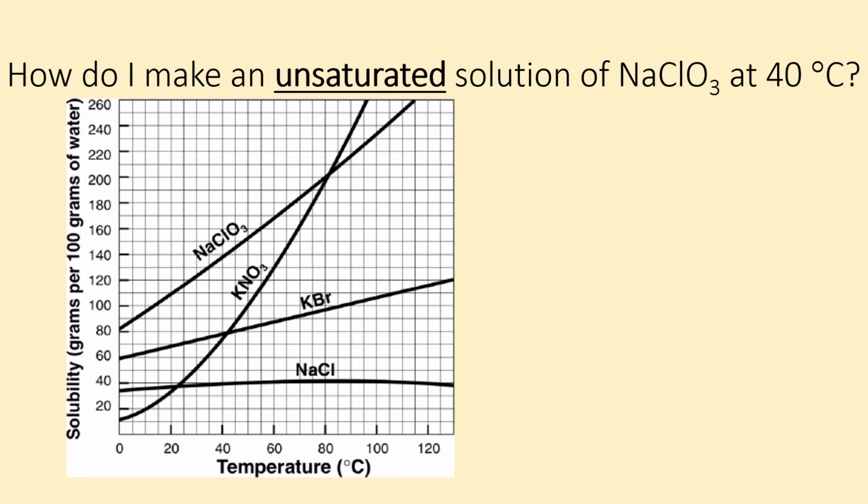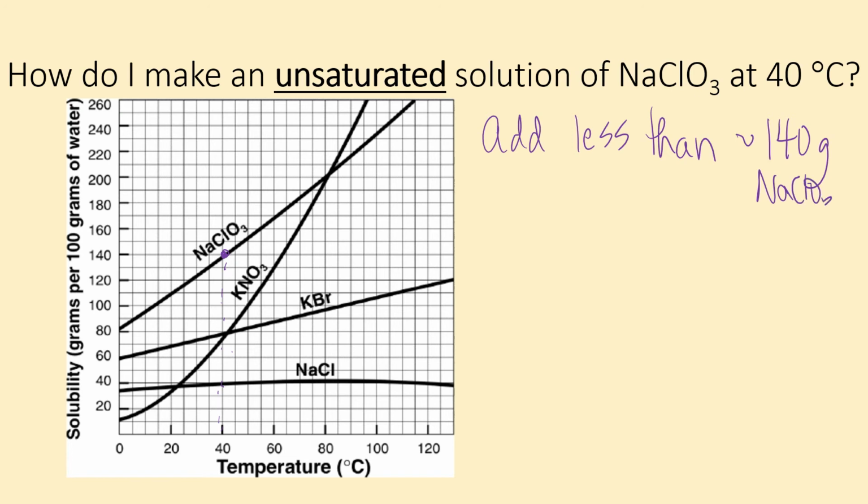All right. What if we want to make an unsaturated solution of sodium chlorate at 40 degrees Celsius? All right, so we're at 40 degrees Celsius. We went up to here before when we found out 140 grams would saturate it, so anywhere below, anywhere. Okay, so you can add less than about 140 grams of NaClO3 to 100 grams of H2O.